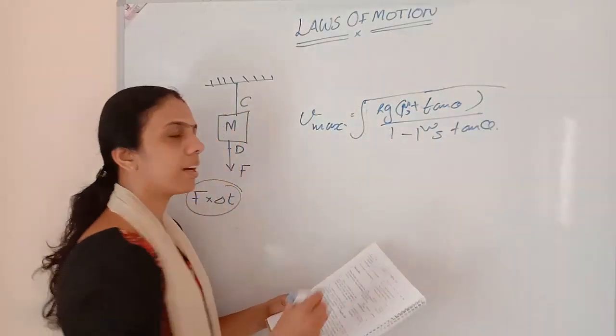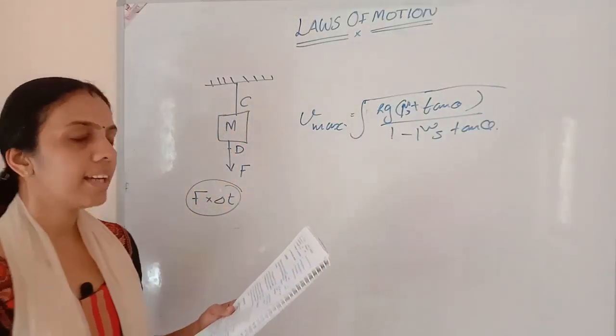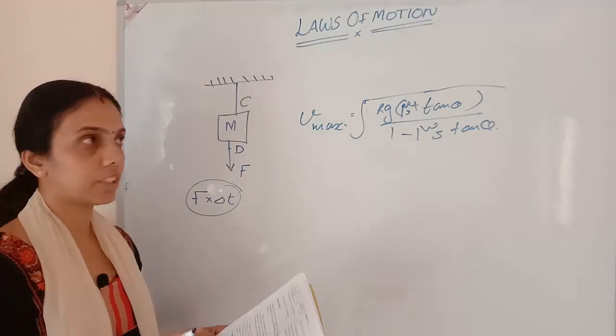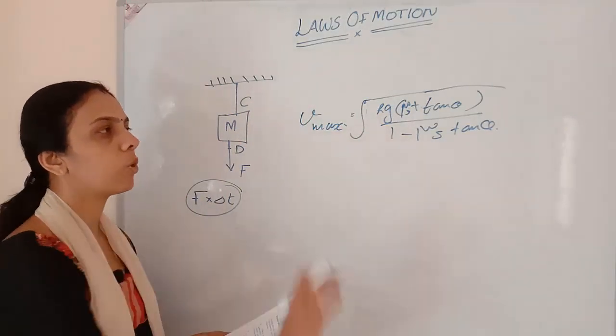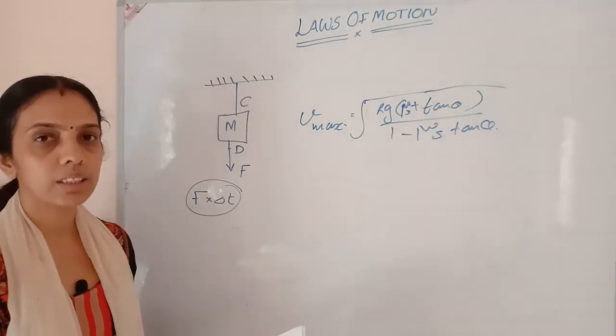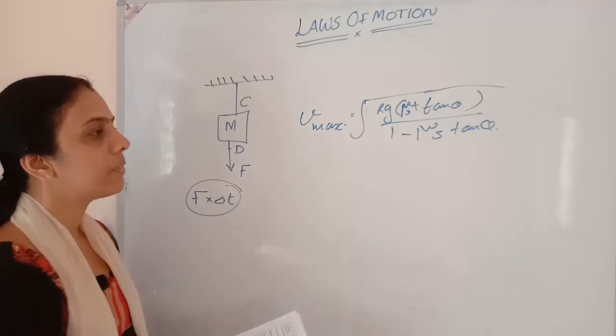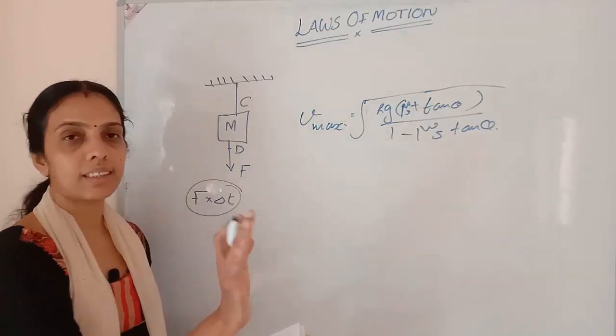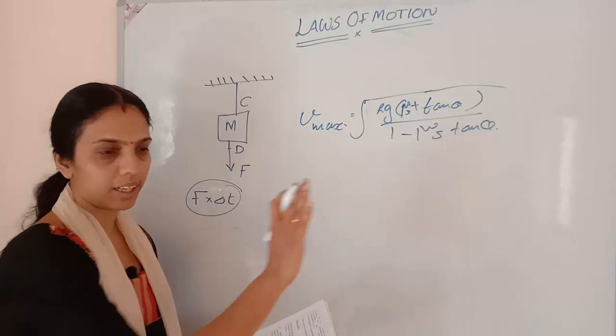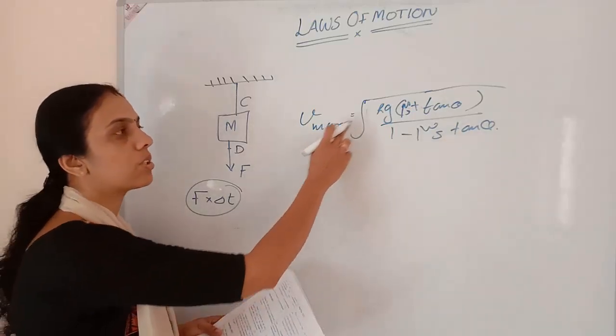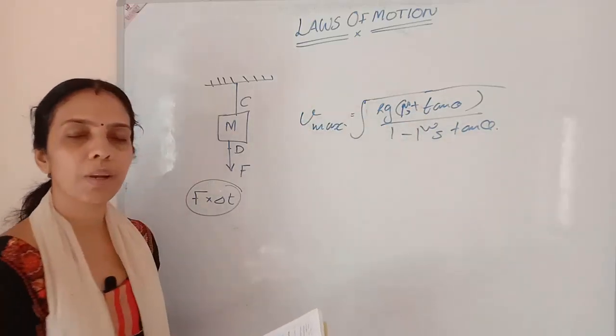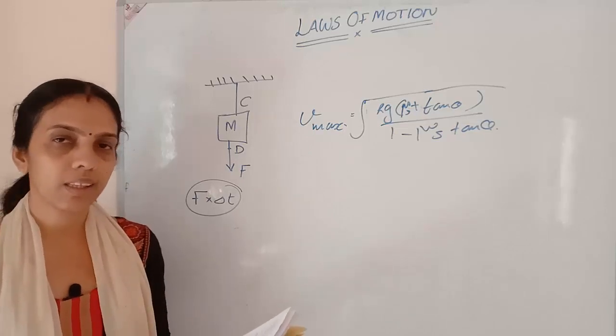This is the formula, right? Vmax equals, and here we should consider friction. If friction is not there, what it will be? Root of rg tan theta, mu s won't be coming, right? So here Vmax equals root of rg into (mu s plus tan theta) divided by (1 minus mu s tan theta).